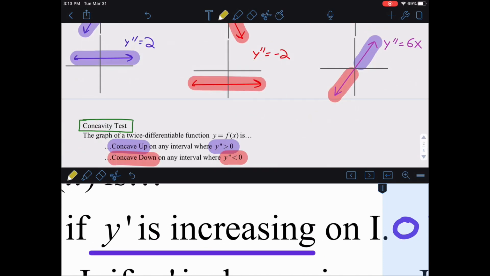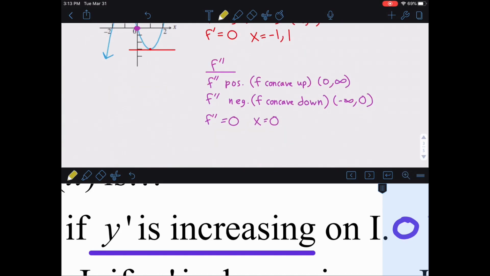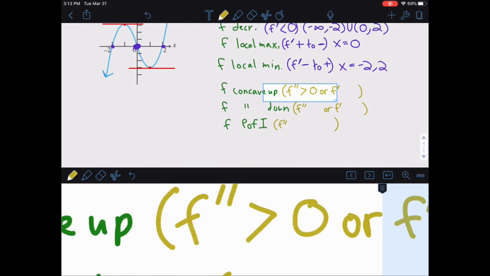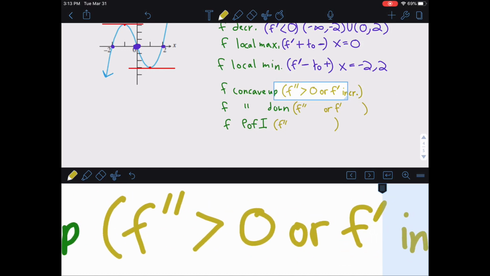So what I can do is I can look at my graph of f prime and see where it is increasing. Where f prime increases, its derivative, f double prime, is going to be positive.